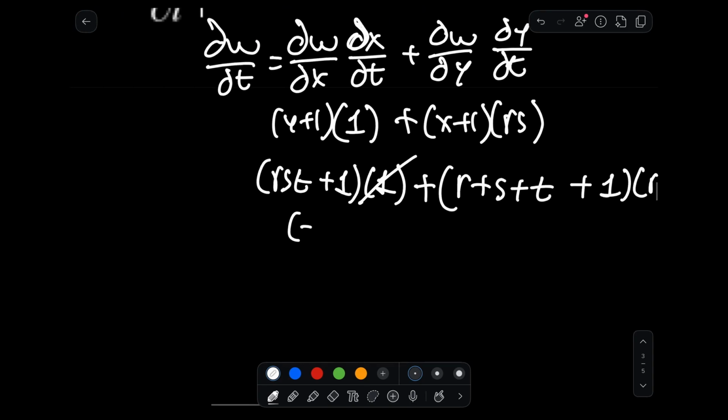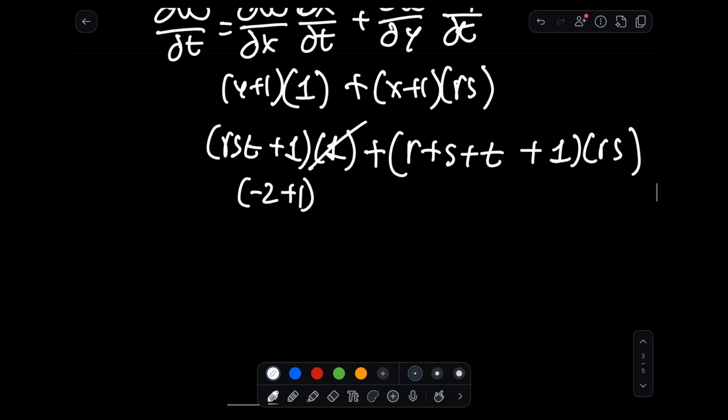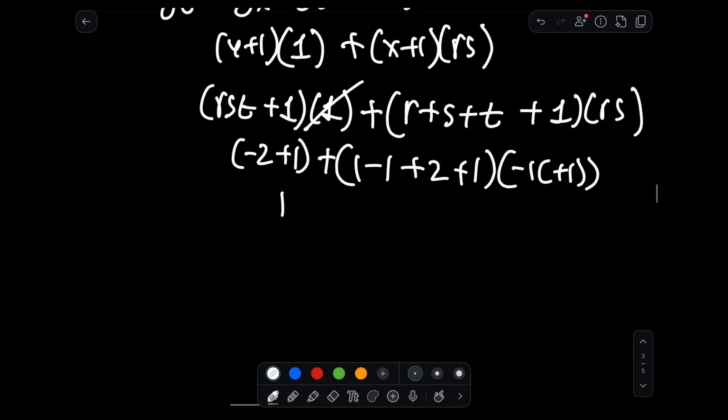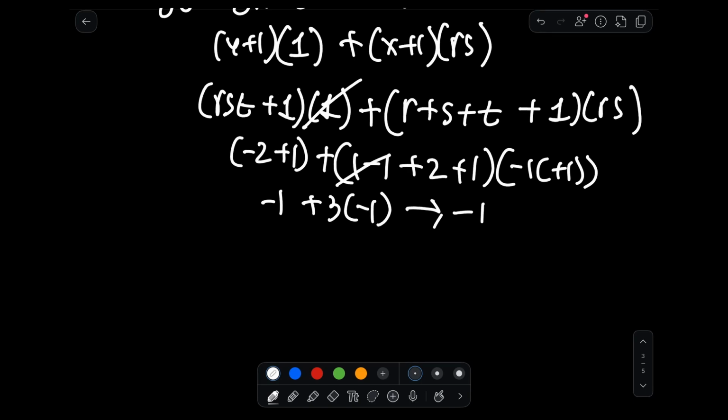This becomes negative 2 plus 1 plus 1 minus 1 plus 2 plus 1 times r times s, which is just negative 1 times 1. It just becomes 1. This cancels, plus negative 3 times negative 1. So you get negative 1 minus 3 equals negative 4. And that is your answer.